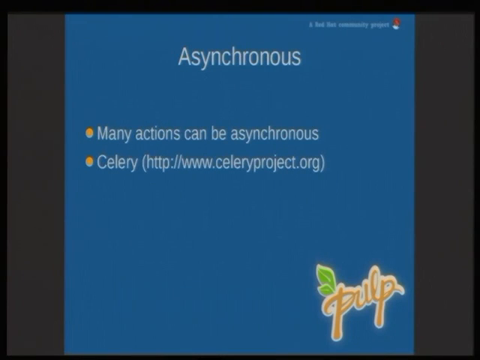Asynchronous, yeah. There are many asynchronous actions done in Pulp. We have a distributed task system. So we have this REST API that runs in Apache, and these long-running jobs like synchronization and publish are performed in specific worker processes. These workers listen to the AMQP queue, and once there is a job to perform, it takes the task, completes the task, sends a notification, then takes another job, completes that, and repeats.